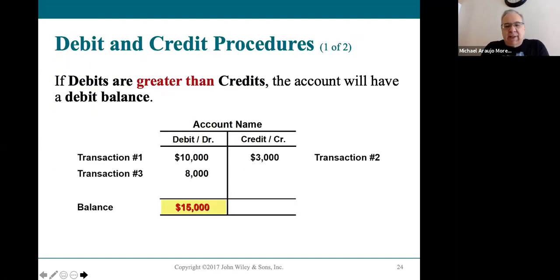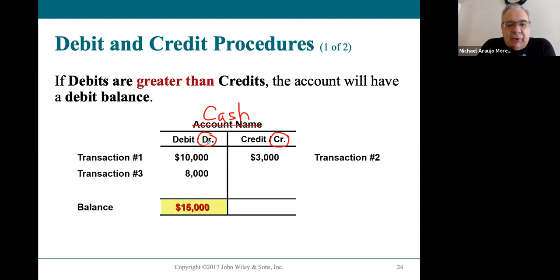Now, this is just an example. I'm going to go ahead and cross out the account name and actually make this cash just as an example here. So again, whatever the account name, and you've known what the account names are now, this is where it would be. And again, all accounts have a credit and debit side.